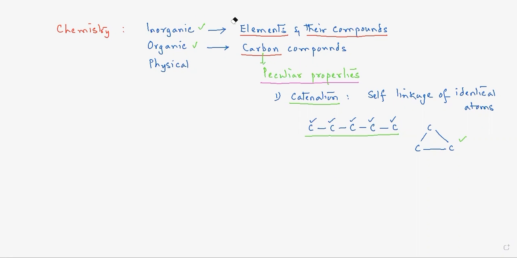It can never have great catenation. Let me tell you that the bond energy of carbon-carbon bond is about, say, 80 kilocalories per mole.